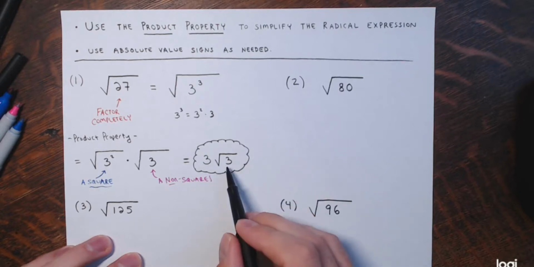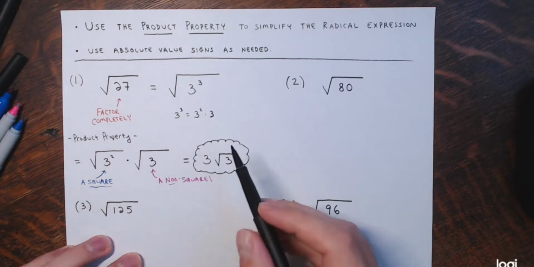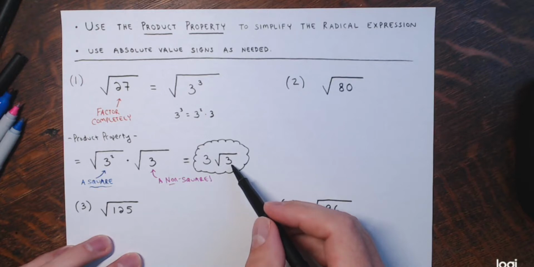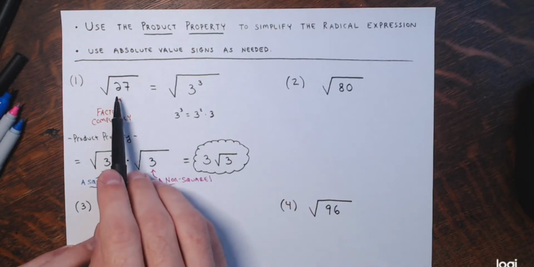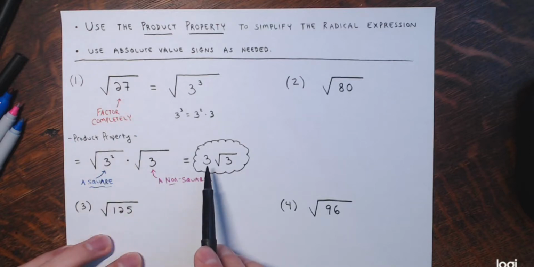I'm trying to rewrite the expression so that the radicand doesn't have any more perfect powers in it as a factor. And if it's a square root, I want the radicand to not have any more perfect squares as factors, which 3 is not, and 3 cannot be factored into something with a perfect square. So the square root of 27 is equal to 3 times the square root of 3.